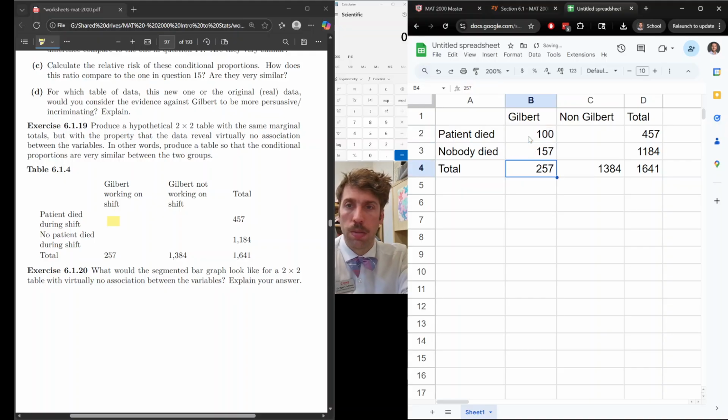And then I'm going to click here, and this equals this, so click on that, the total, minus this. And then this needs to equal this total minus this.